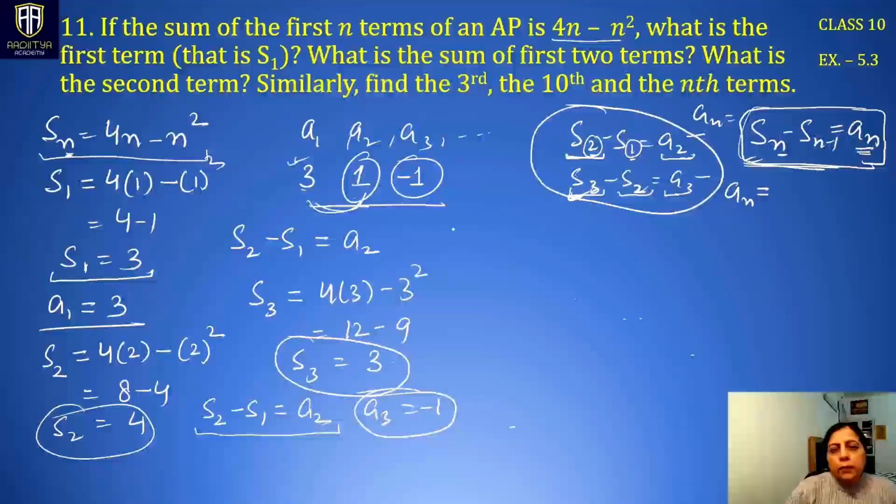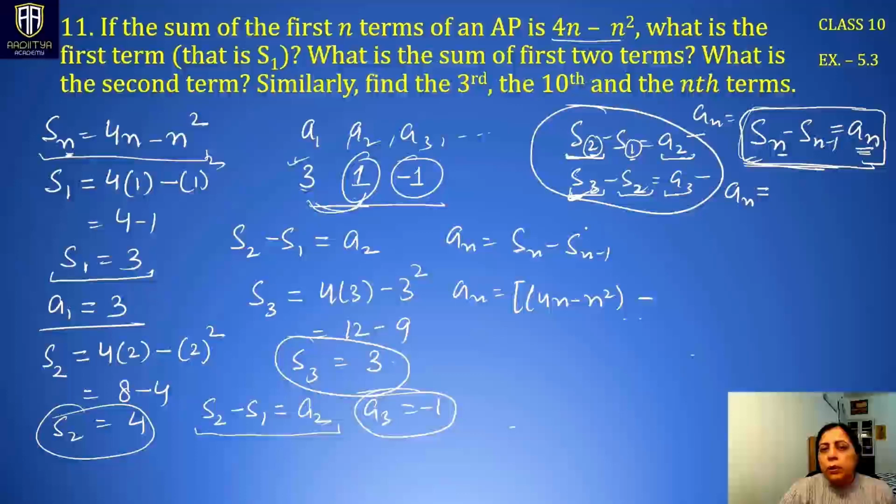So now an can be represented as Sn minus Sn minus 1. What is Sn in this case? Sn is 4n minus n square. Now how can we find S of n minus 1? We only substitute the number of terms in place of n.